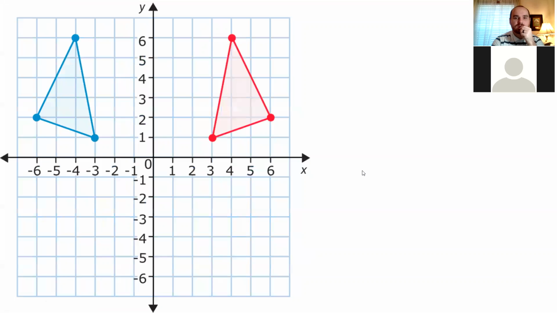All right, next round. What type of transformation is shown here? Is it a translation, a reflection, a rotation, or a dilation?